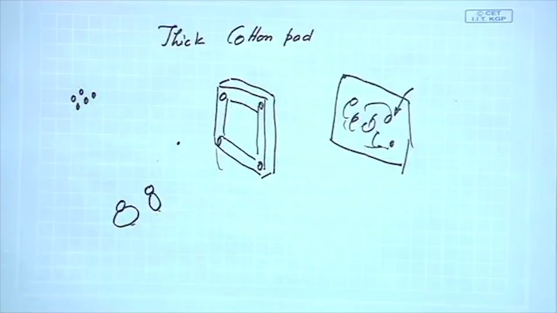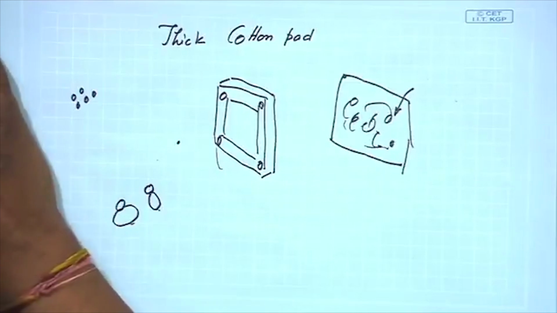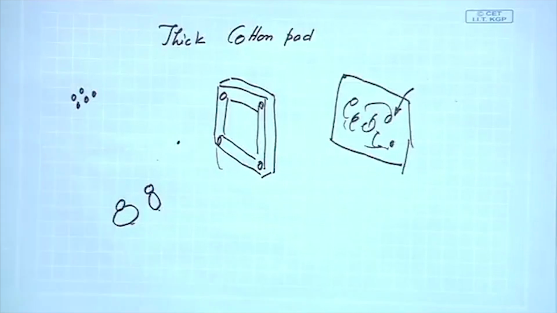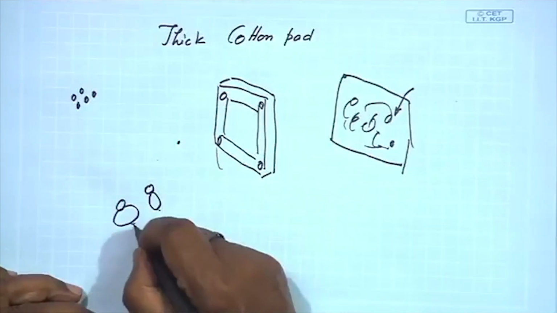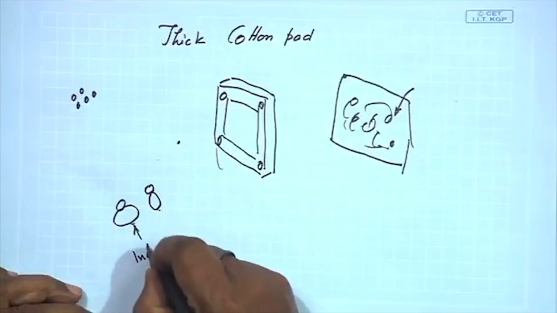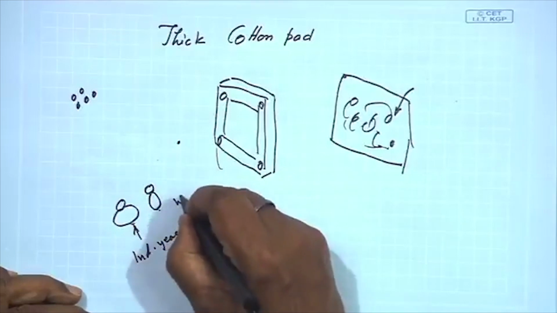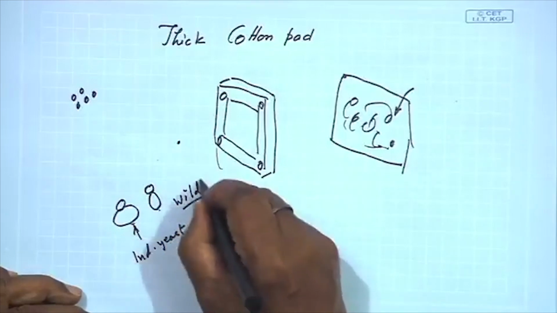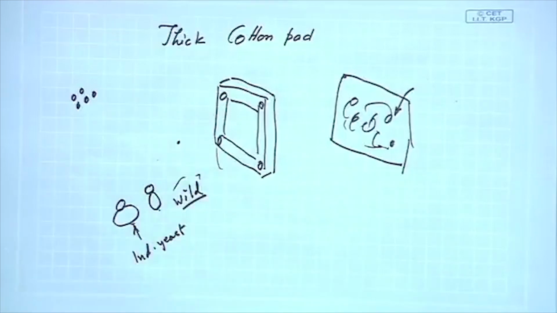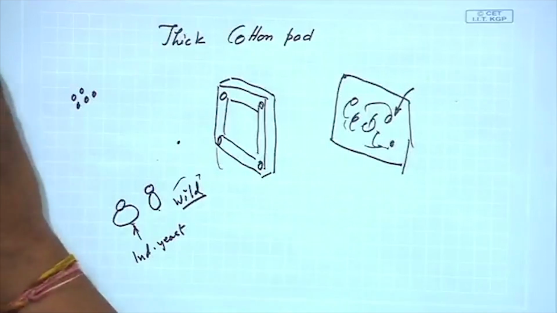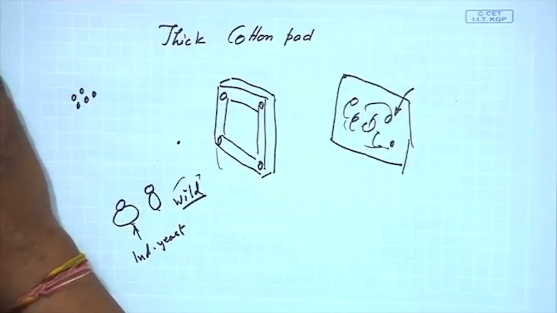So you can easily find yeast contamination: this we consider the industrial yeast, and this is called wild yeast. Wild yeast is very slow growing, so naturally it affects the quality of the yeast and the fermentation process to a great extent.